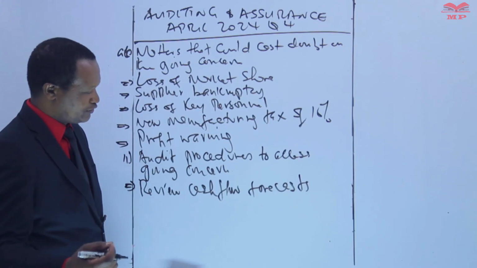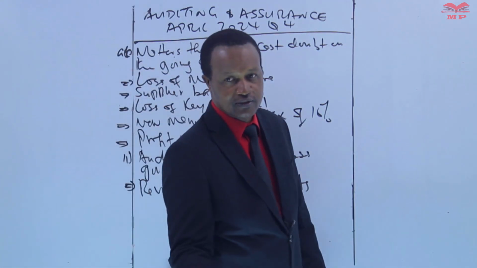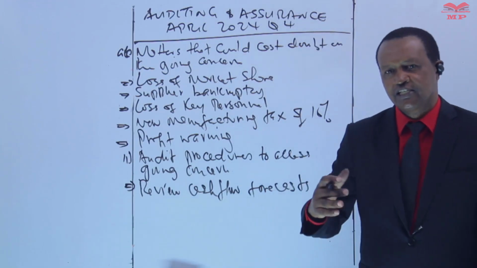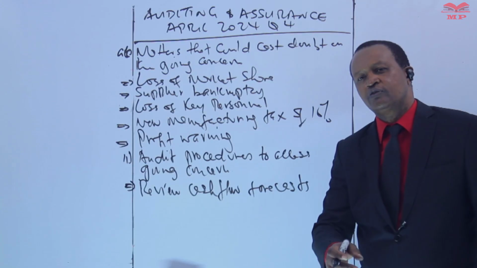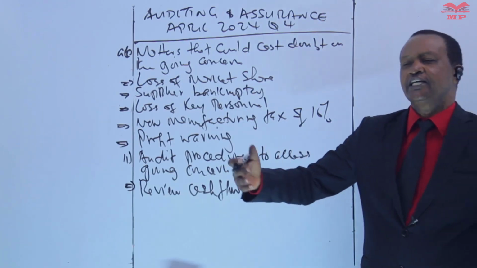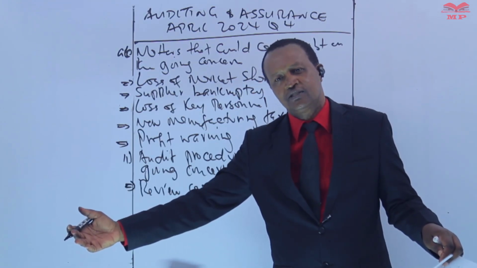And how do you review cash flow forecast? Here, as an auditor, you can obtain and review Madawa's cash flow forecast for at least the next 12 months. You understand?